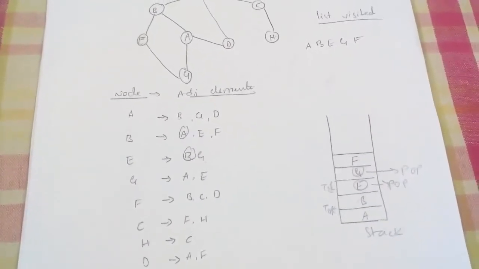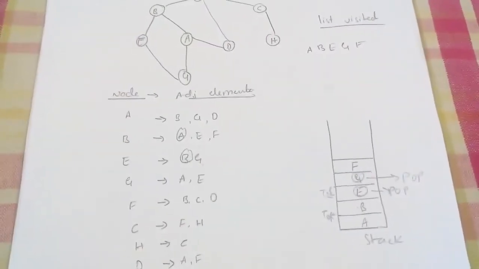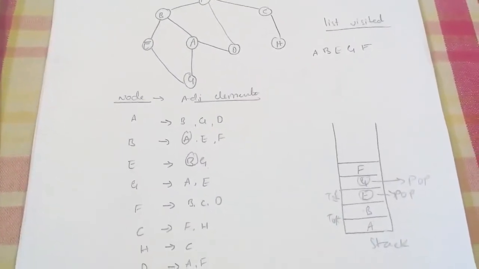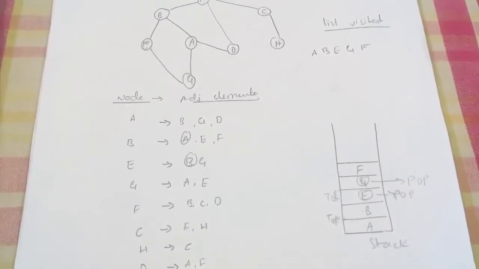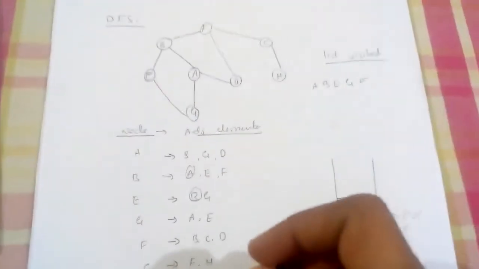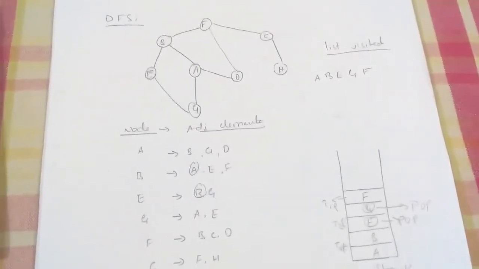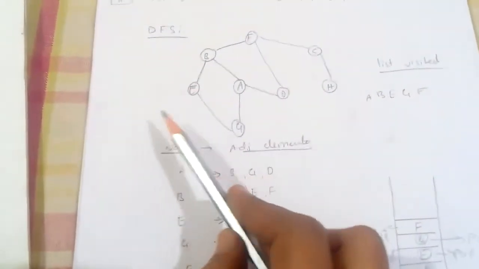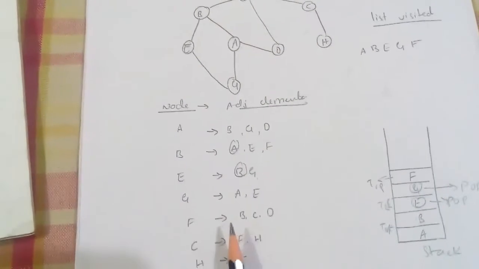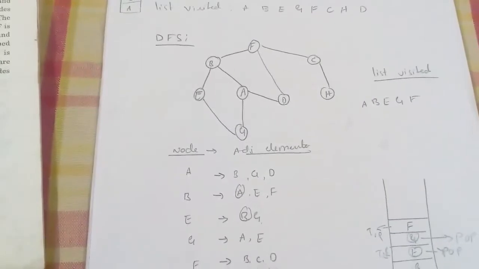So now the stack contains A, B, F. Now the top of the stack is F. The adjacent nodes of F are B, C, D. B is already visited.